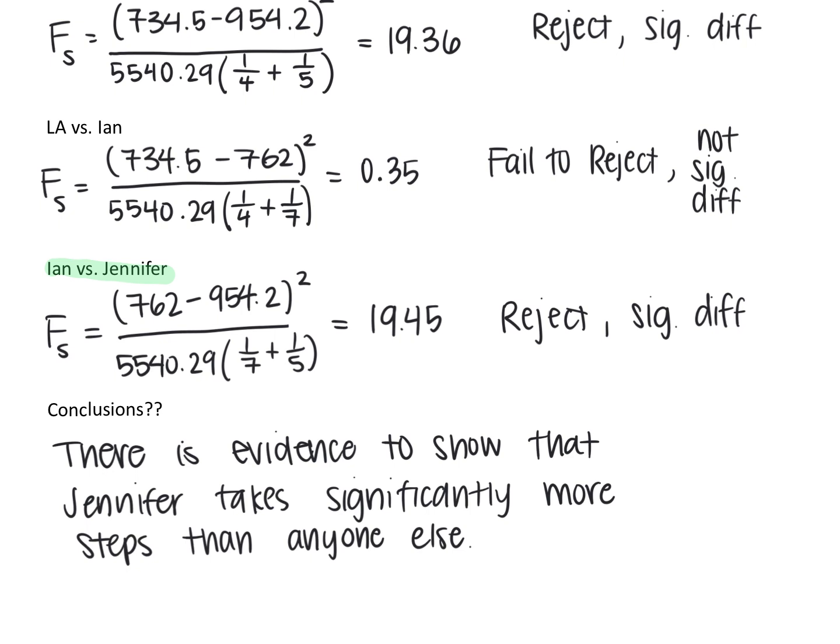If a person had been only rejected once, obviously I would just say that there is evidence to show that there is a significant difference in the number of steps taken between whichever two people I've rejected for.